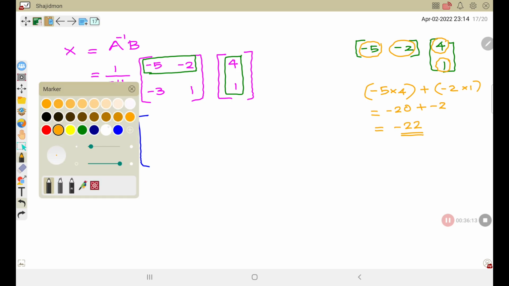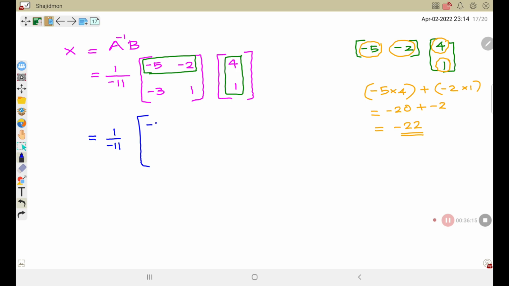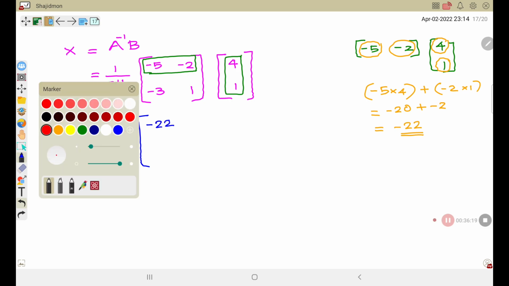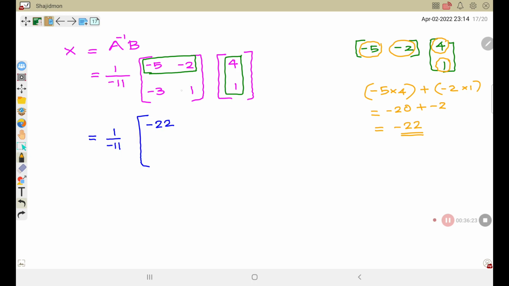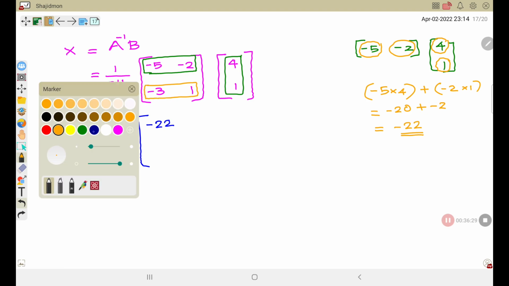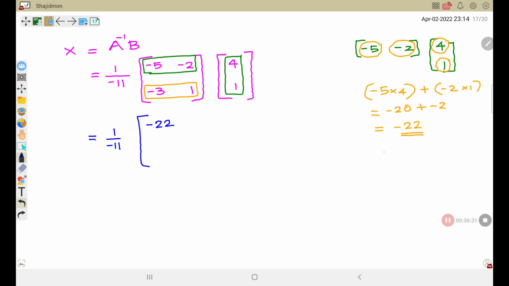So the first number here we are getting is minus 22. Same we do for the second number. We need to multiply the second row with the same column, correct? What is the second row? Minus 3 and 1, multiply with the column 4 and 1, same column. So what will be the answer?